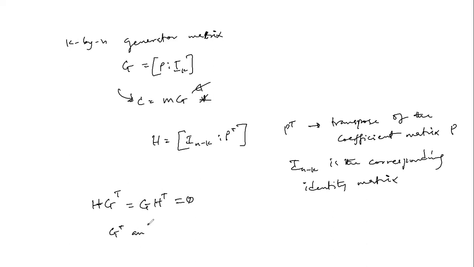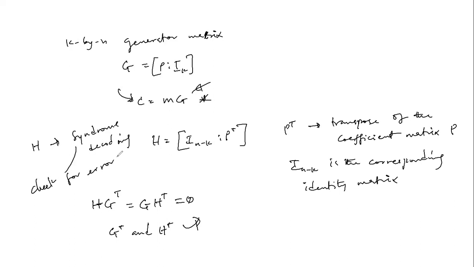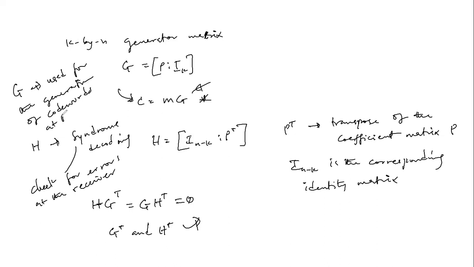And the generator matrix and the parity check matrix here are used for further analysis or estimation, in that the parity check matrix is used for syndrome decoding to check for errors at the receiver, while the generator matrix is used for generation of code words at the transmitter.